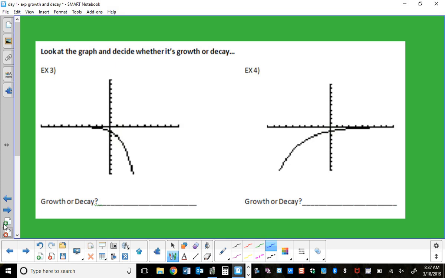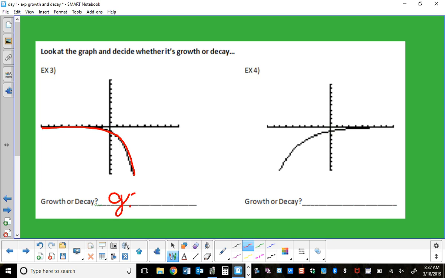All right, number 3. Look at the graph and decide whether there's growth or decay. On number 3, I always go left to right. If you don't go left to right, then your answer is going to be opposite. From left to right, am I going away or towards my asymptote? Away. Which one would that be?